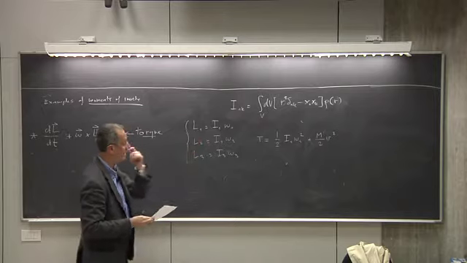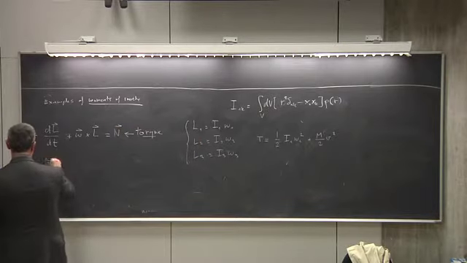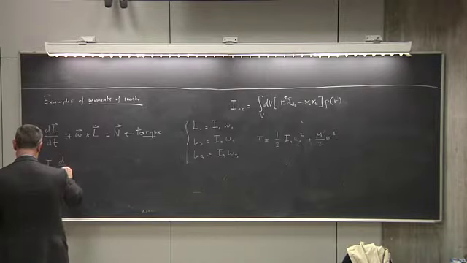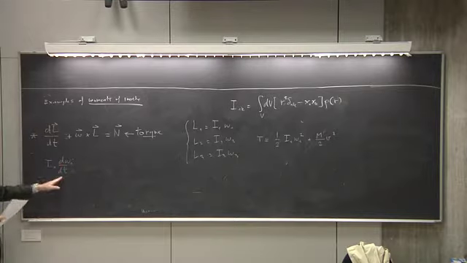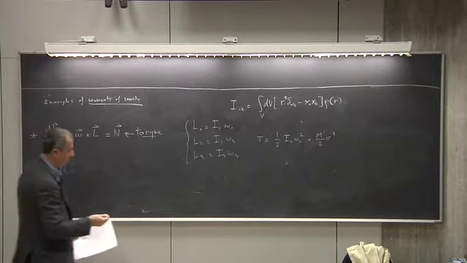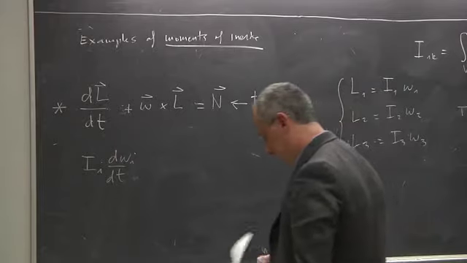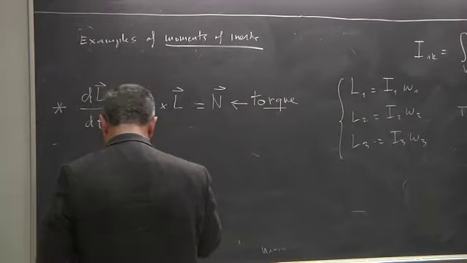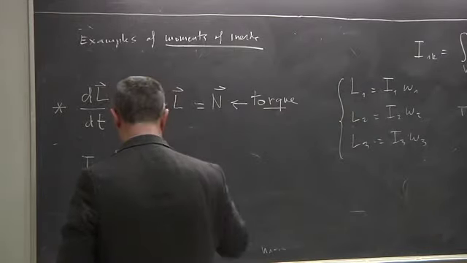Once I've specified the axis, these are constant, so they come out. So the first term is just this. I need a new chalk. Plus, I have this vector product.